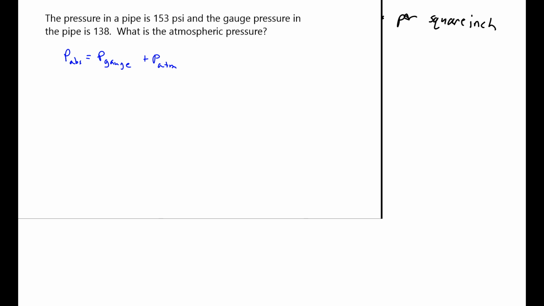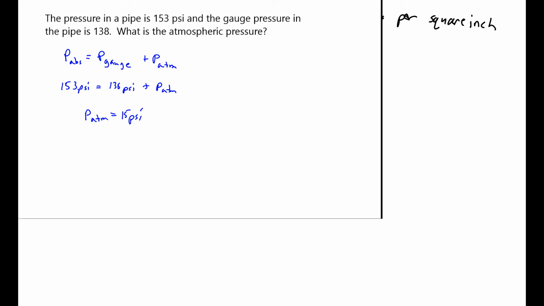So our absolute pressure in this case is going to be 153. That equals the gauge pressure, which is 138, plus the atmospheric pressure, which is what we're looking for. Subtract 138 from 153. We get the atmospheric pressure is 15 psi.